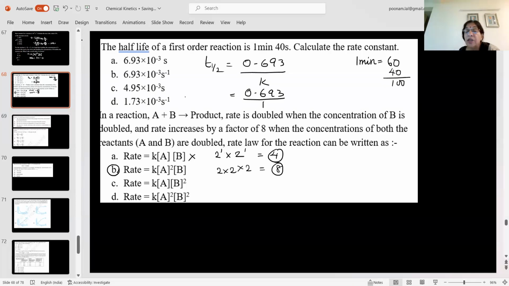So this is another way of doing it: you just apply the answers and see. Why can't it be C? Because in C, the order with respect to B is given as second order. However, the question says that when B is doubled, the rate is also doubled. So with respect to B it has to be 1, and with respect to A it has to be 2. So the answer is 8.